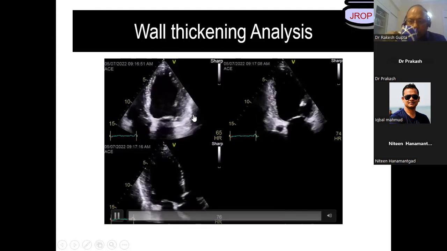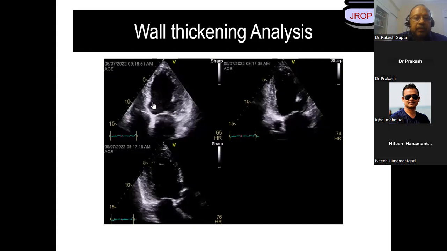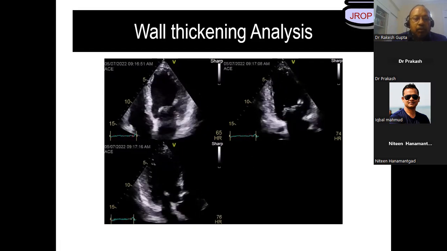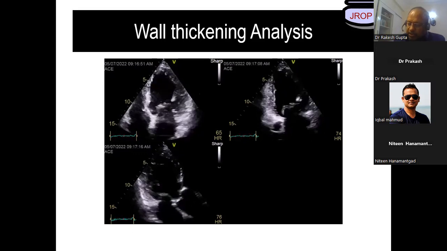So the first image where it is pointing says that there is hypokinesia of the wall of the apical segments, especially the lateral apical at the lower point. You have to see it very carefully. Just don't jump to a conclusion and answer.